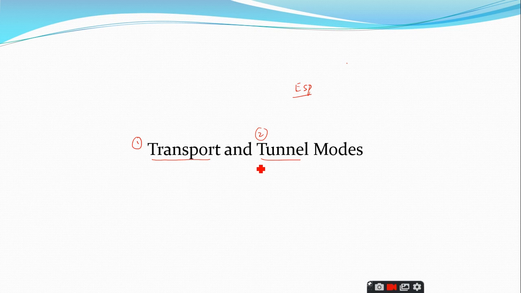We will end the session with a small diagram that shows how the protocol operation is going to perform for the ESP with respect to the transport mode and the tunnel mode respectively. So, this is how I have planned today's session.